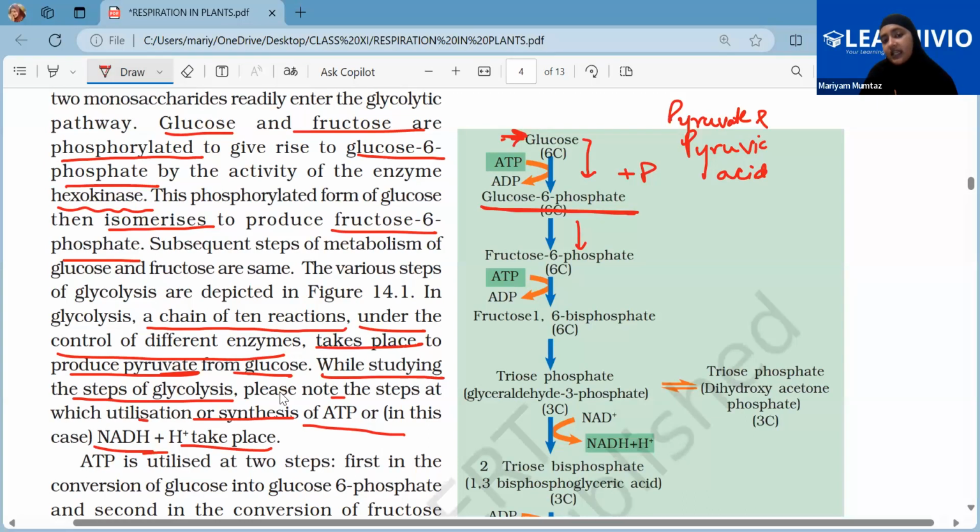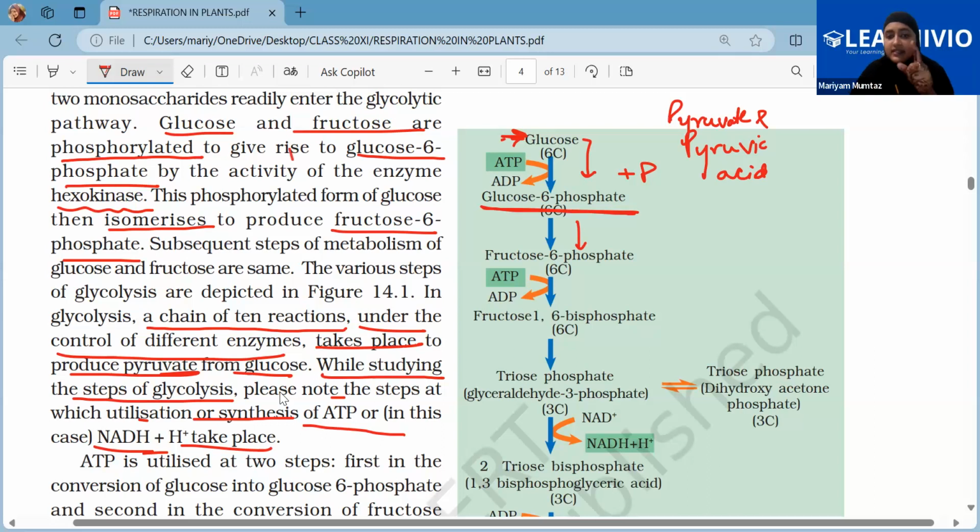Is ATP being synthesized or used in the first step? See it carefully. ATP is getting broken down, it is being used.